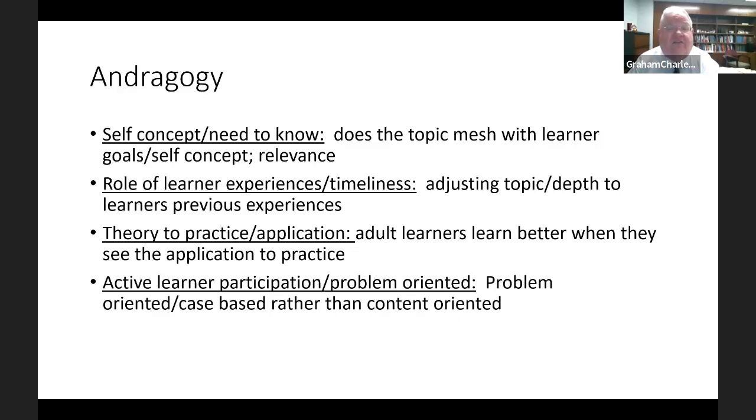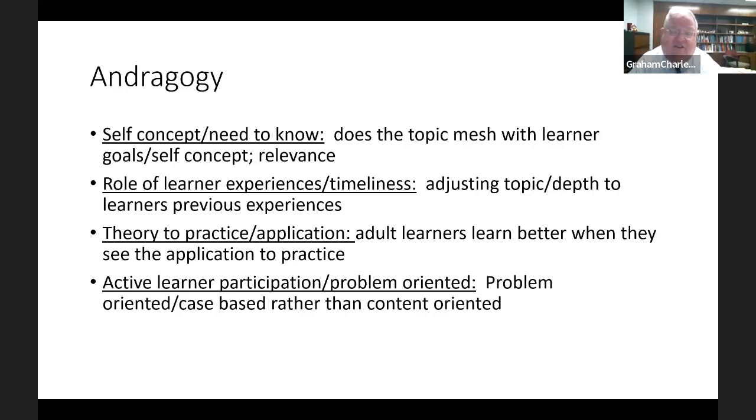And the first is that the adult learner's need to know the relevance of the information is important. So timing, for example, is important. If you're giving a session on a topic that the learner sees the relevance of, sees how this is going to apply to their practice, it's going to be better.